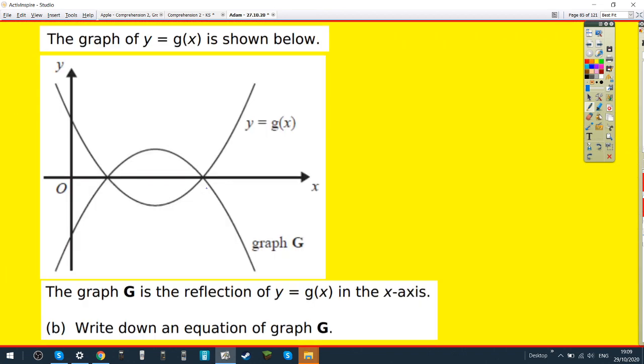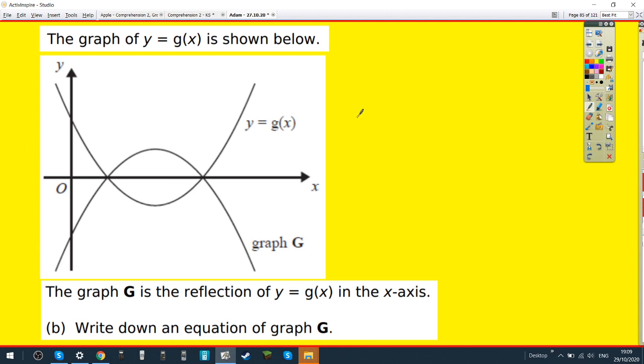How about this one? So it'd be f and then -x. That would be if it was a reflection in the y-axis.